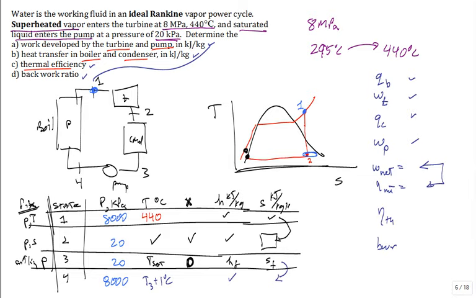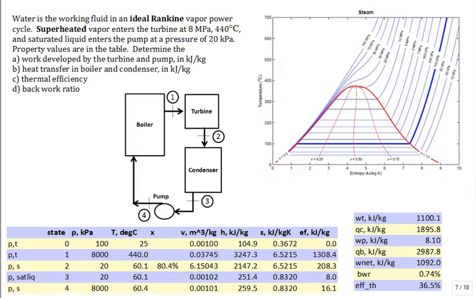Yeah, for the ideal Rankine, what we'll do later is we'll say, oh, and the turbine has an isentropic efficiency of 85%. Guess what? You got 2 steps in that now to handle that 85% isentropic efficiency. Make sense?